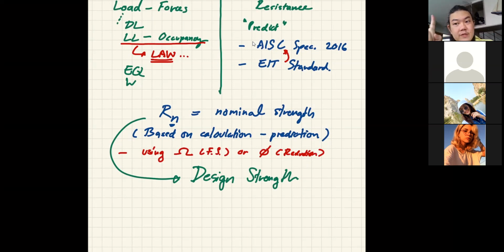Now that's a major difference. If I say the design strength of the nail is 1.5 tons, it means that that nail can actually take more than 1.5 tons.